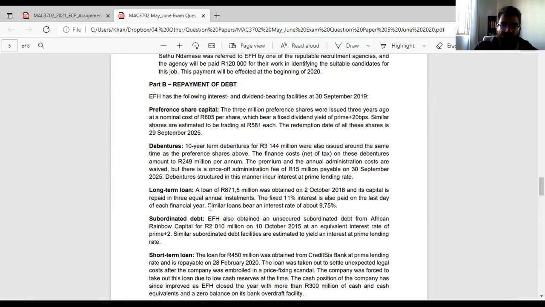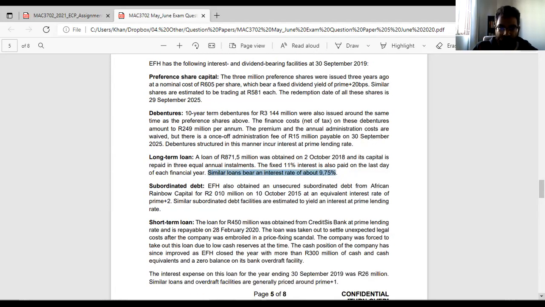Once again, similar loans, that is the market rate. So the market rate is given, so therefore we most likely have to calculate the market value. And as you can see, there is a specified repayment date because the loan will be repaid in 3 equal installments. So we most likely use the financial calculator.